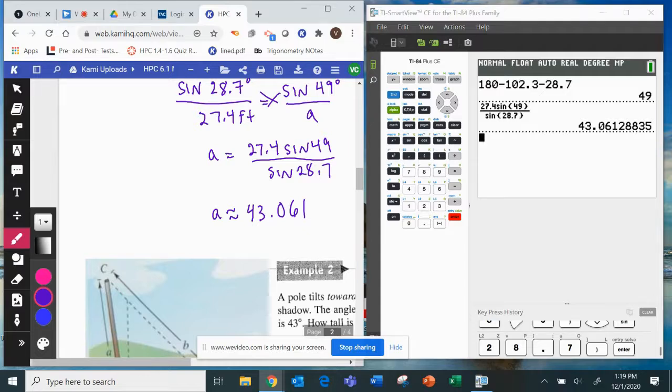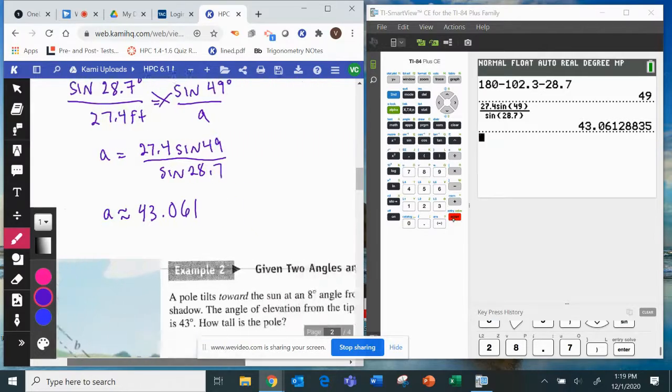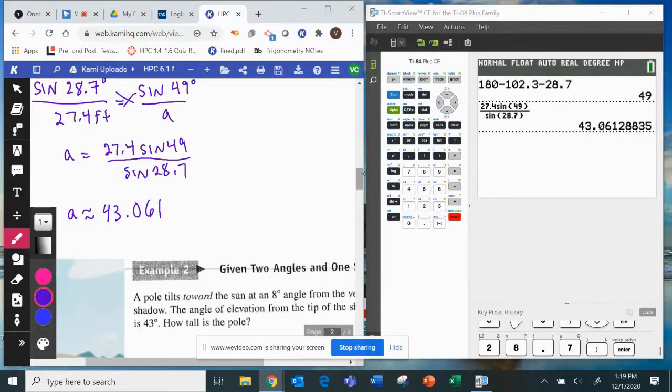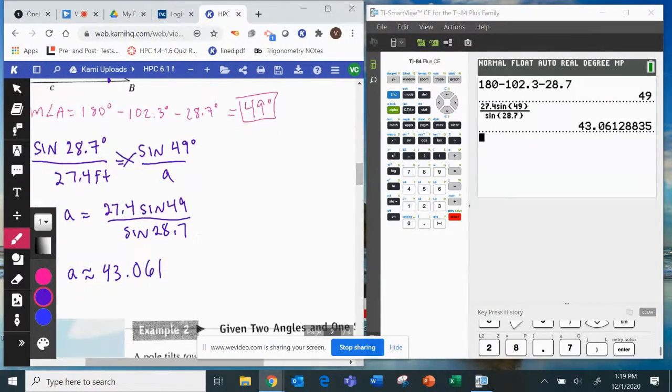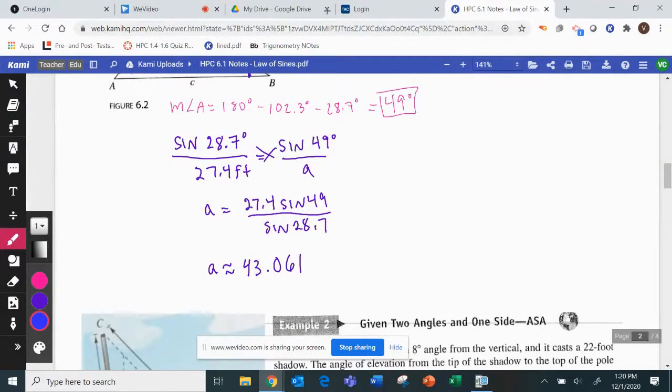All right, now we are going to use the same original sine 28.7 over 27.4. I'm going to use that again because I know that is for sure, I didn't make any silly mistakes because that was the information given to me.